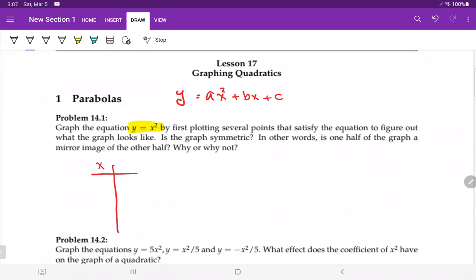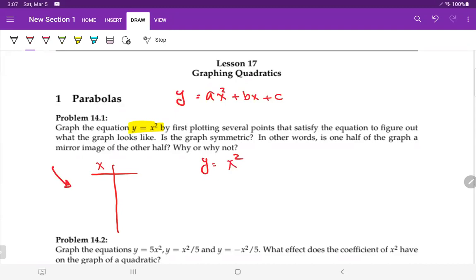We are going to pick some values for x. Then we are going to plug these values here to get the y value. What values can I pick for x? You can pick any values. More values, more accuracy, okay? You need to pick at least 3, 4, 5, it depends.